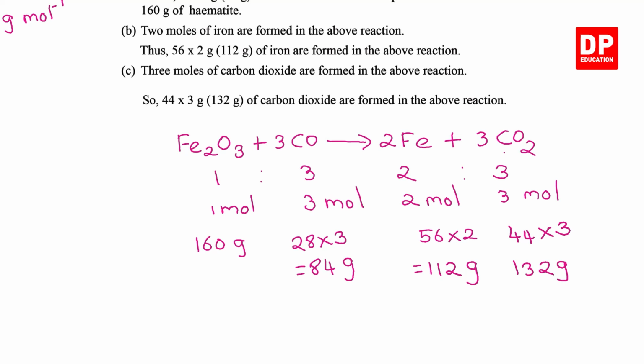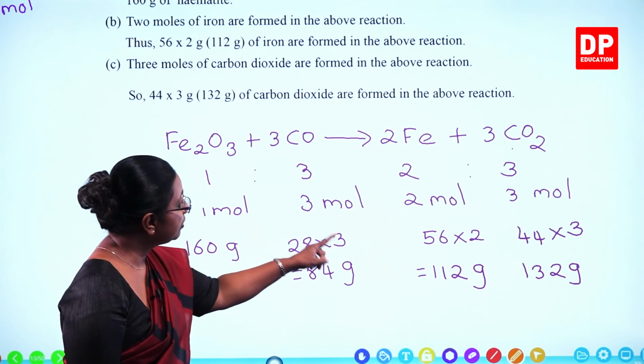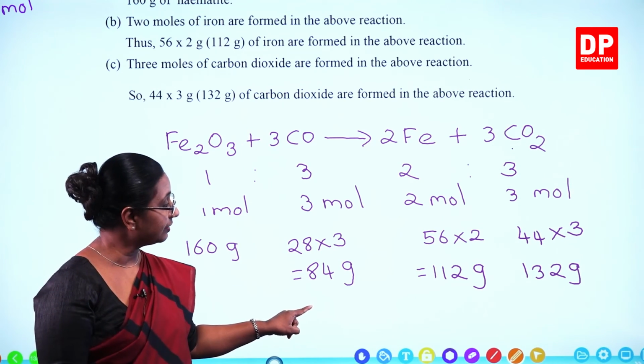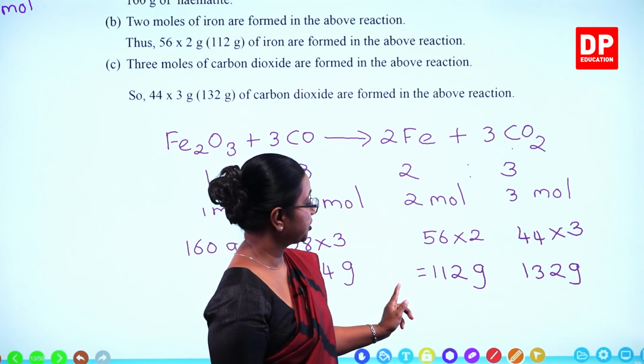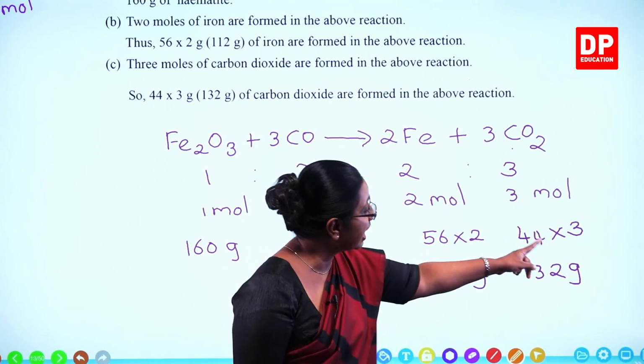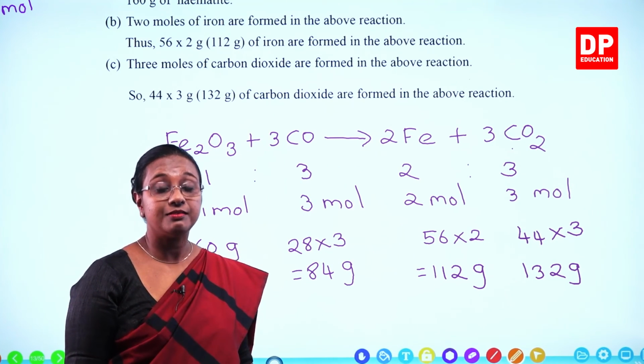That is going to be 132 grams. So if you take 160 grams of hematite, you need 84 grams of carbon monoxide to completely react with it. During that reaction, 112 grams of iron will be produced and 132 grams of carbon dioxide will be released.